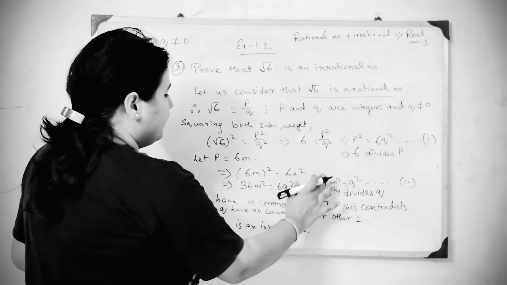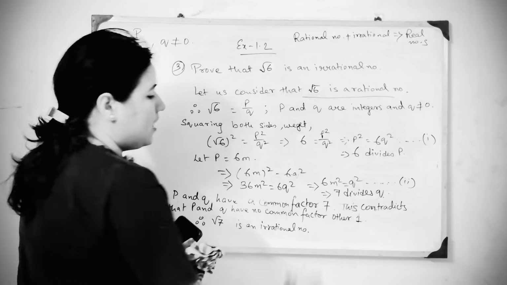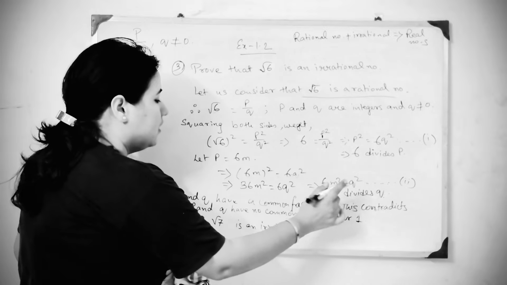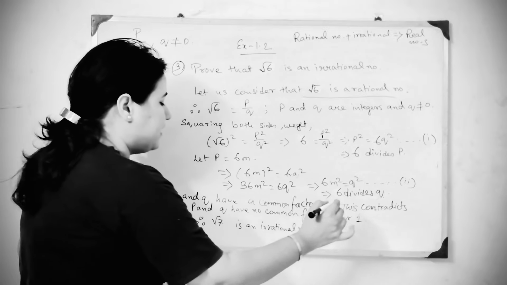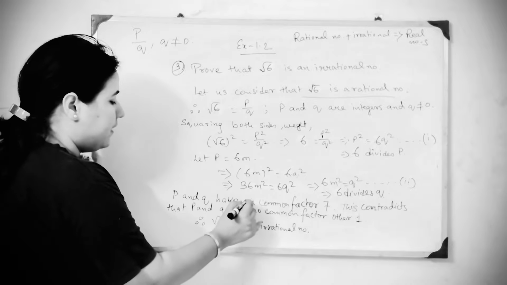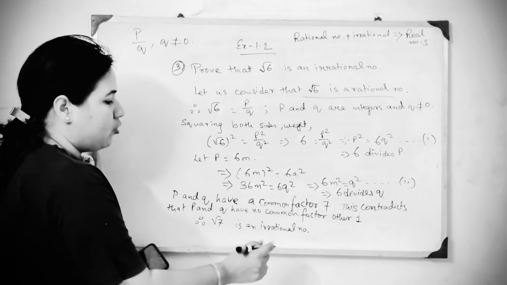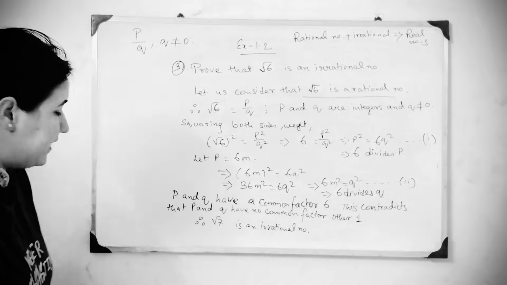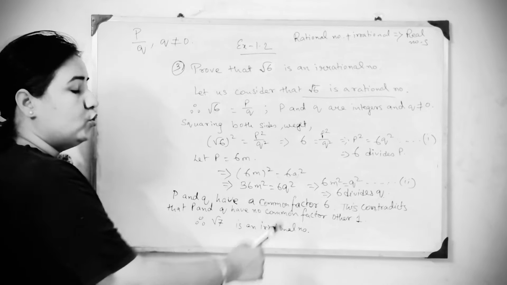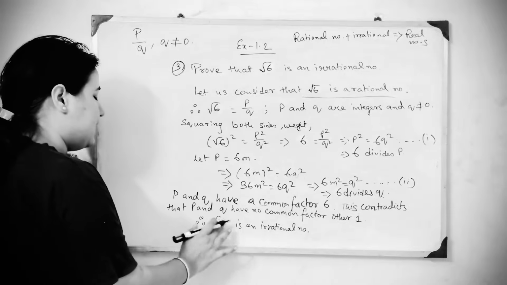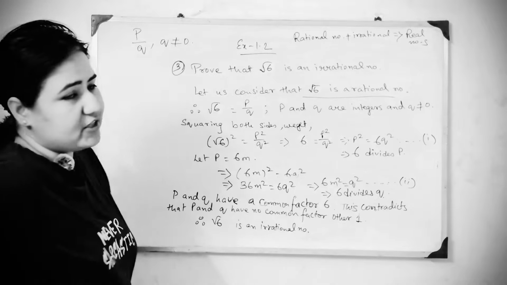From here we can write 6m square equals q square, or we can conclude that 6 divides q. So p and q have a common factor, that is 6, which contradicts that p and q have no common factor other than 1. So henceforth we can say that root 6 is an irrational number.